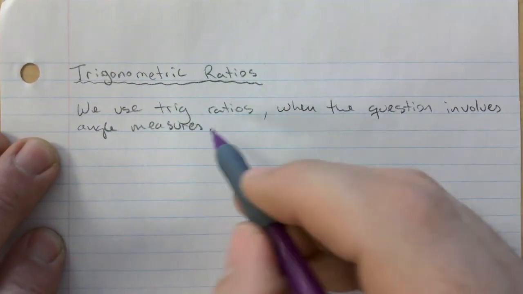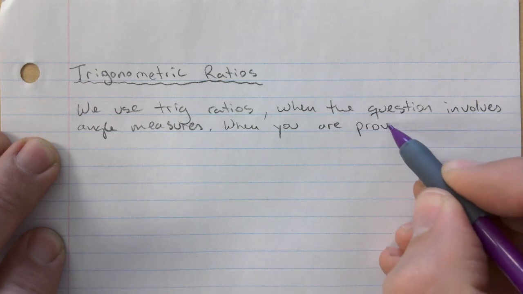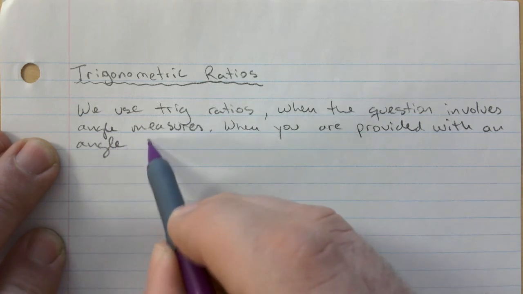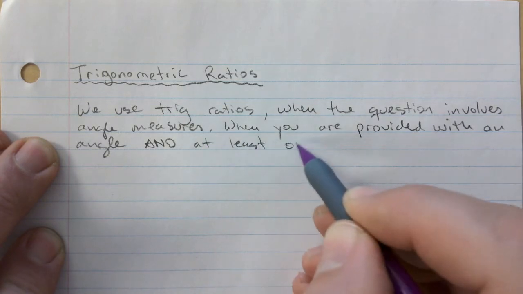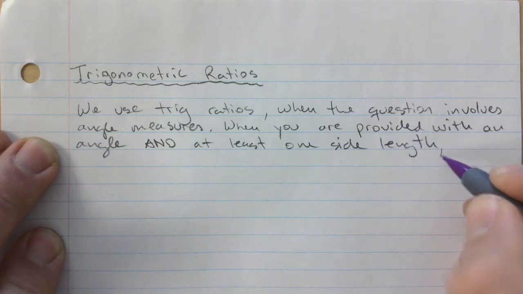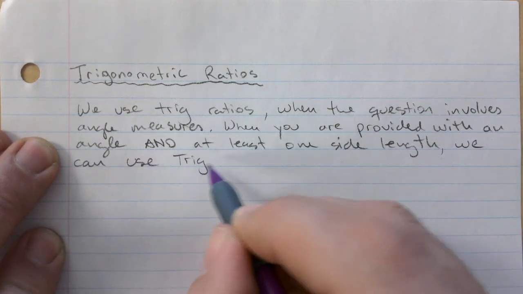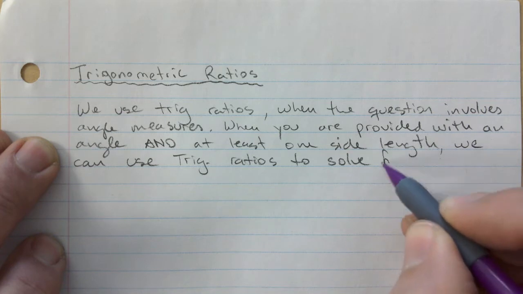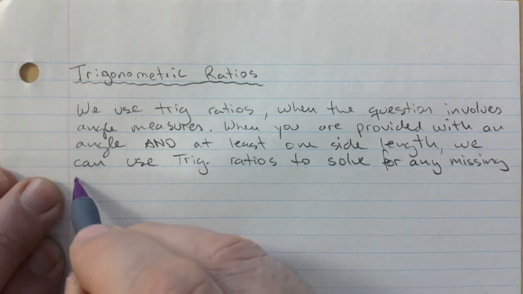When you are provided with an angle and at least one side length, we can use trig ratios to solve for any missing values.